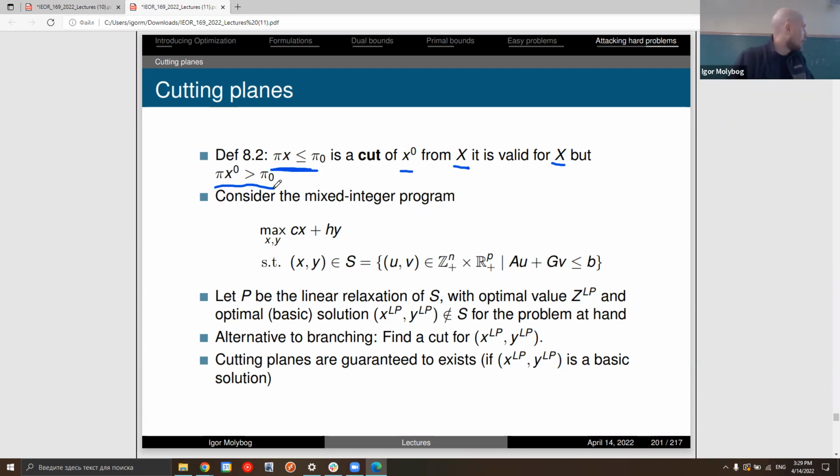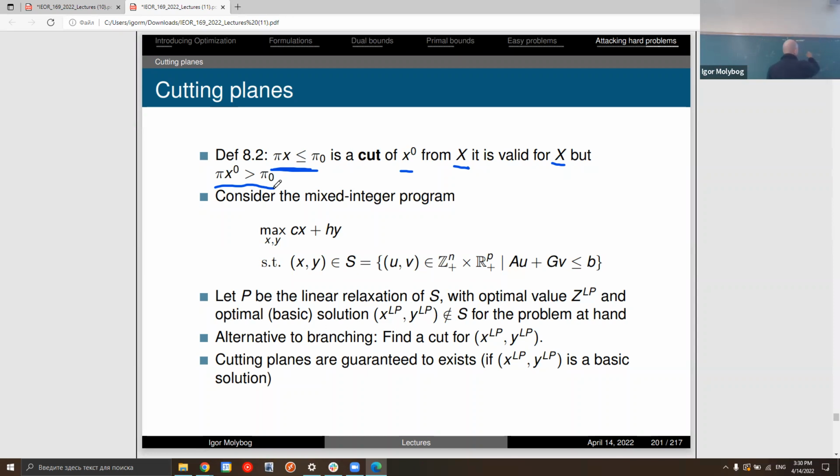So how to interpret it? In fact, for example, with the set X and its convex combination.